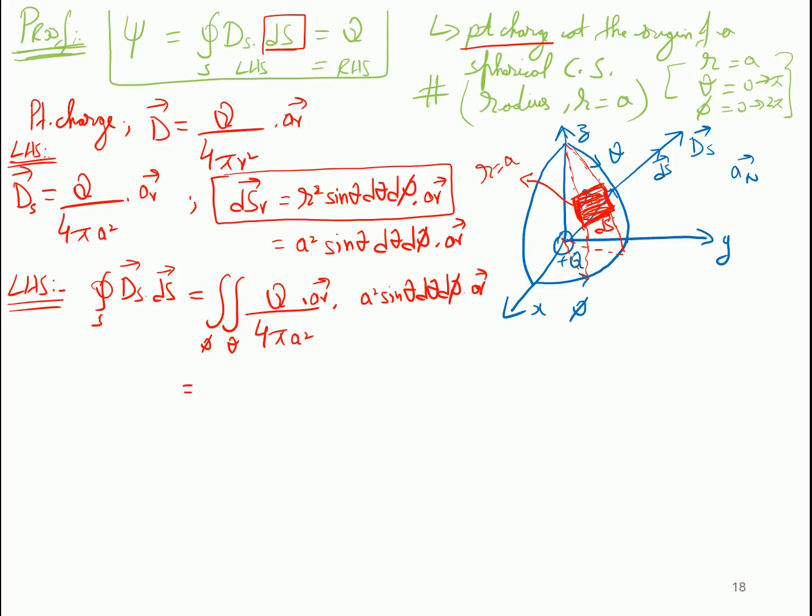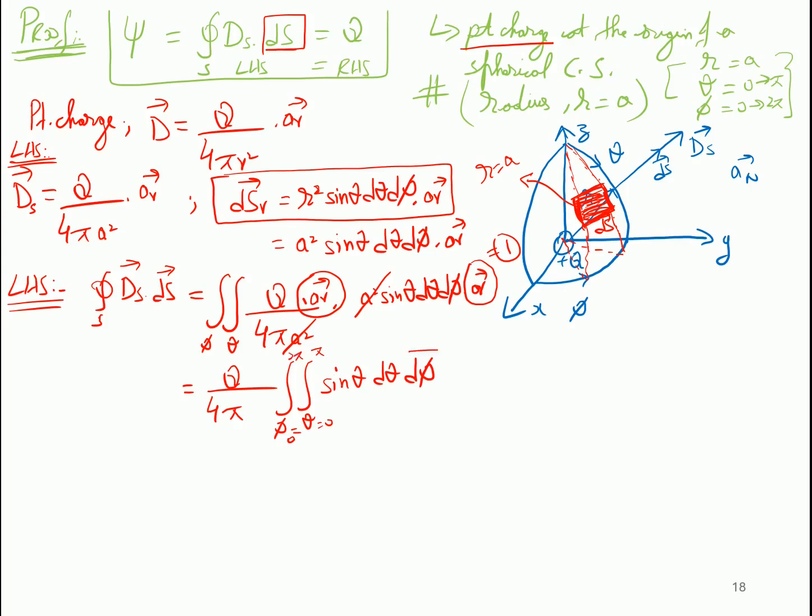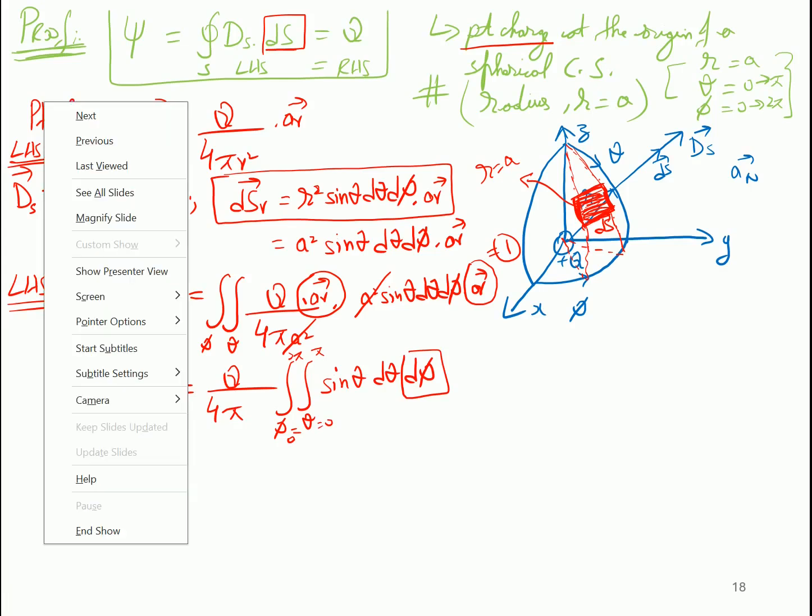Now we can simplify this. Whenever we have a dot product of similar unit vectors, it comes out to be 1, and we can cancel a square. So our equation with the coefficients on the outside comes out to be q divided by 4 pi, and the integrals are for theta and phi, with the integrand sine theta d theta d phi. The range of theta is from 0 to pi, and for phi it is from 0 to 2 pi. So we can integrate, first integrating the value of phi, which is the easiest one. I can do that over here.